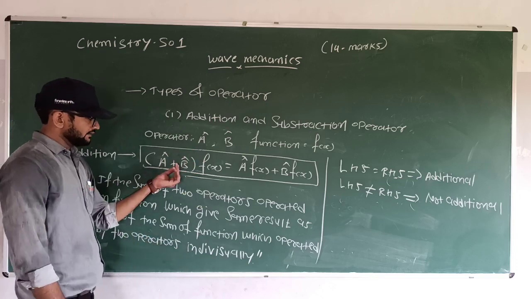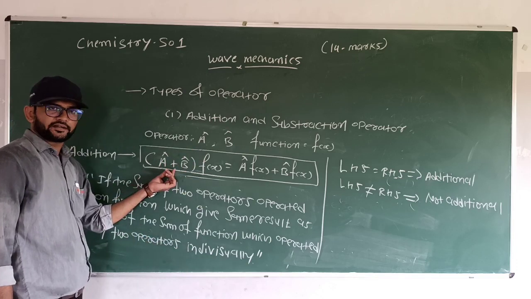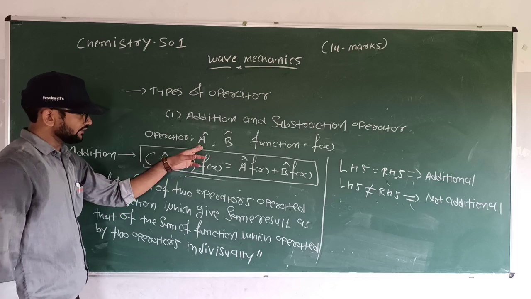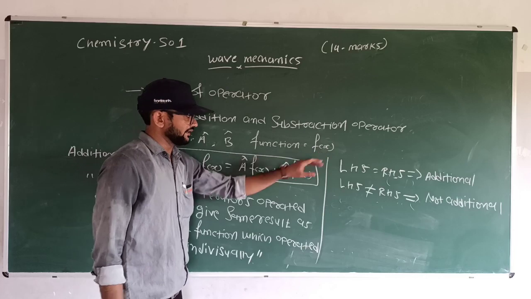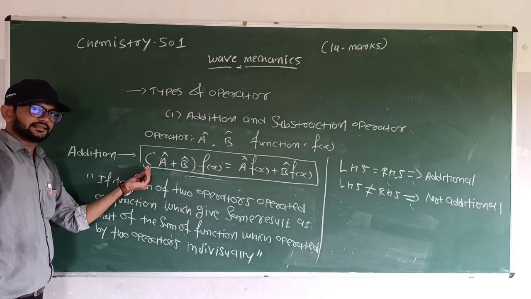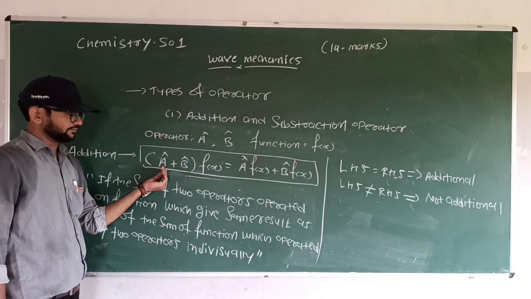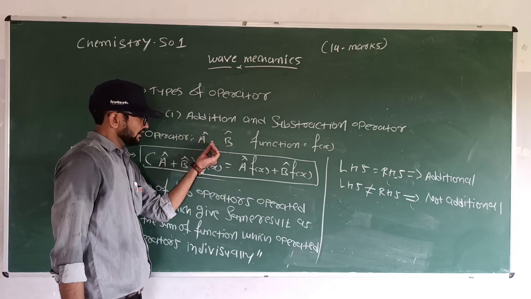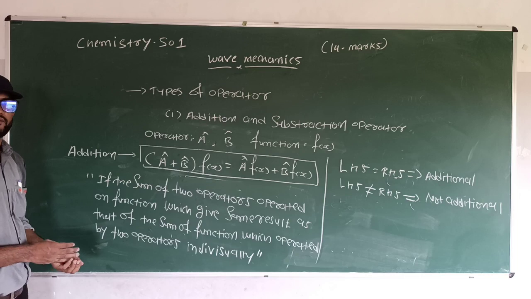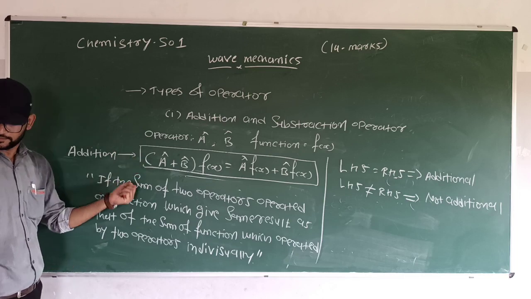In this case, we have two different operators, AK and BK, and only one function, fx. So if the value of LHS is equal to RHS, it means both operators are additive. Otherwise, it is not additive. Okay. So we take an example for better understanding of these topics.